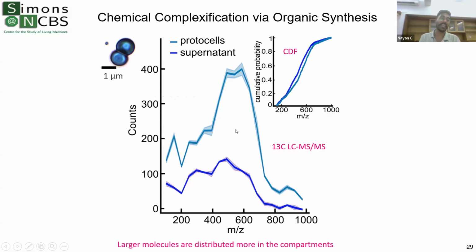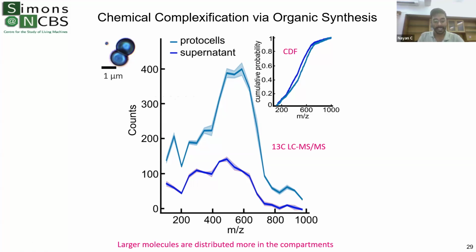So molecules of larger mass are distributed more in the compartmental space as compared to the bulk solution around it, suggesting that, indeed, these compartments do act as crucibles of organic synthesis, synthesizing more and more larger molecules and longer chains over time.